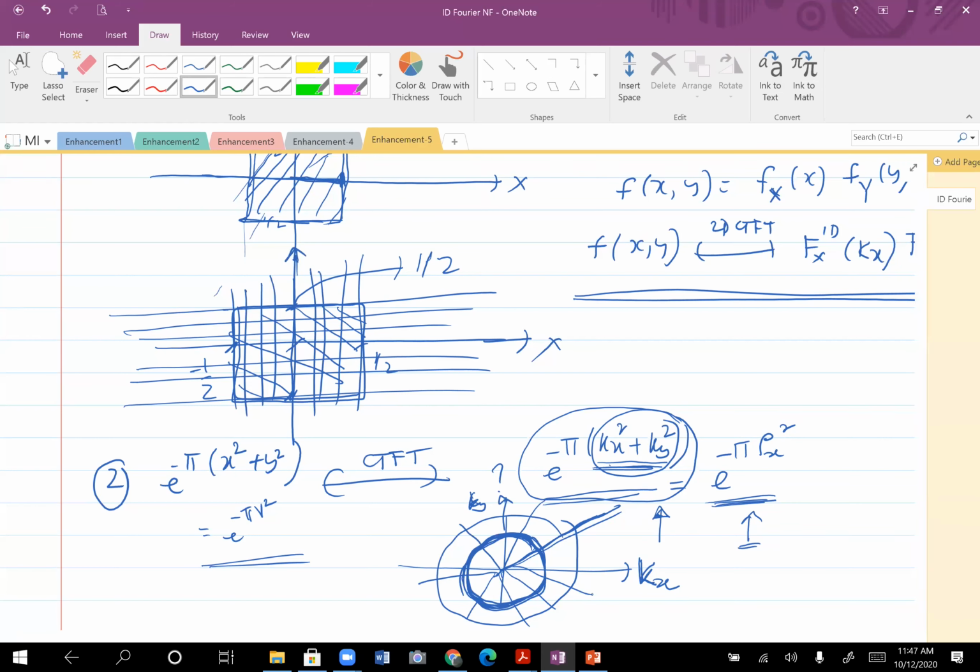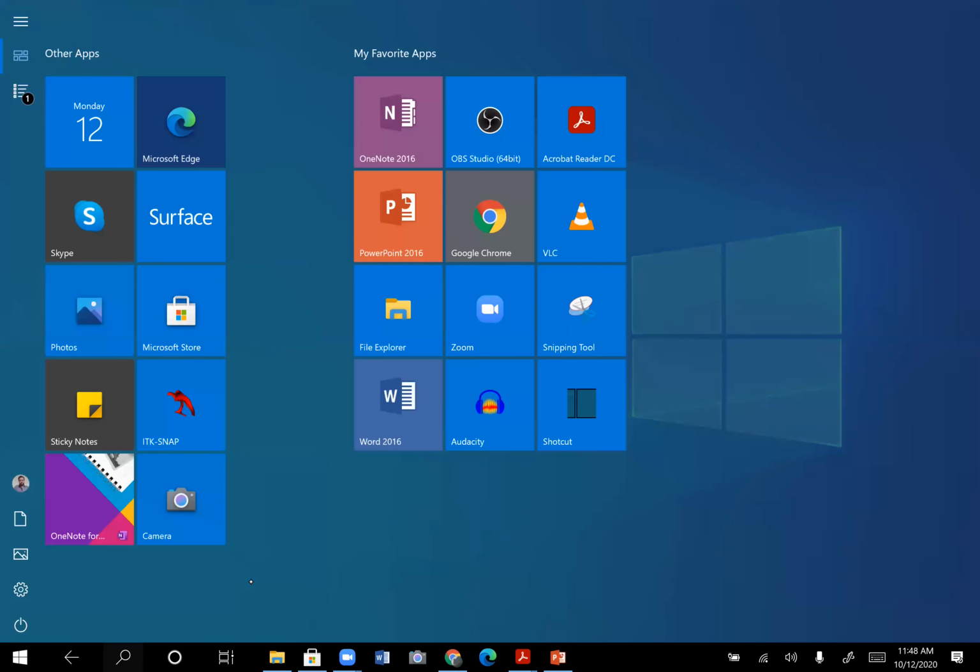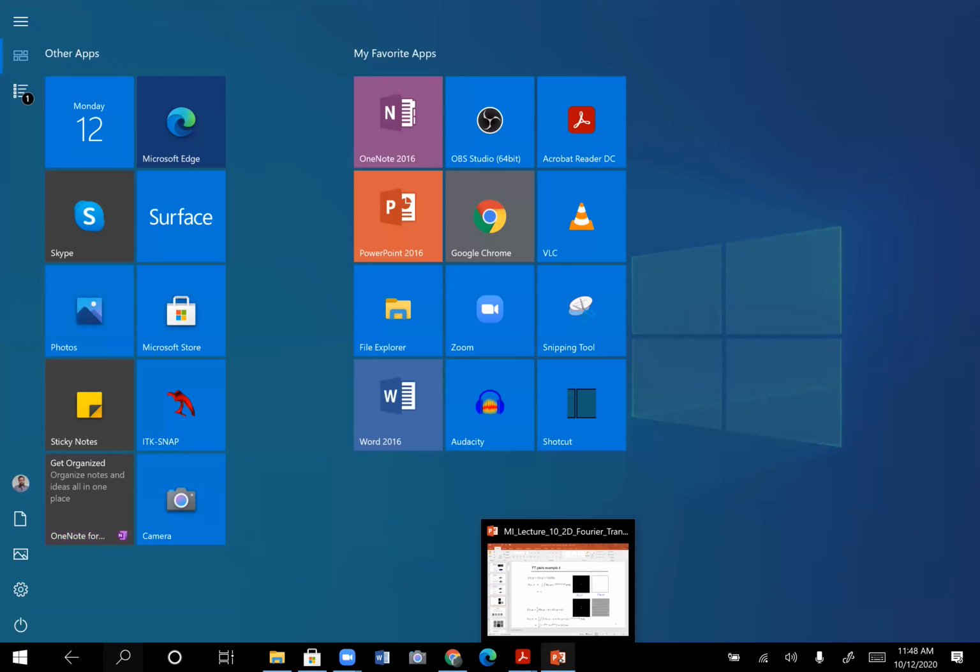Good. Another interesting thing you could observe is that for a radially symmetric function, the Fourier transform of that function will also be radially symmetric. This is a very important property, for the simple reason that while computing, you could simply compute its value in just the 1D case.